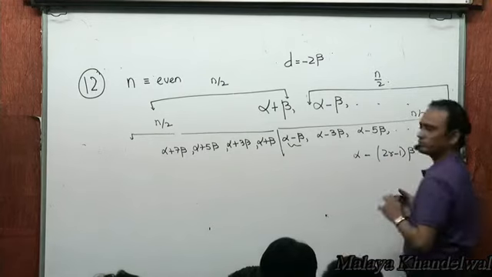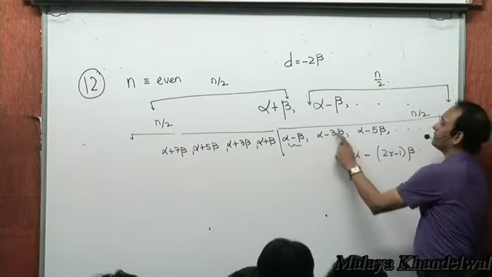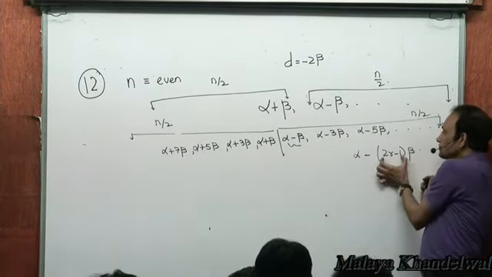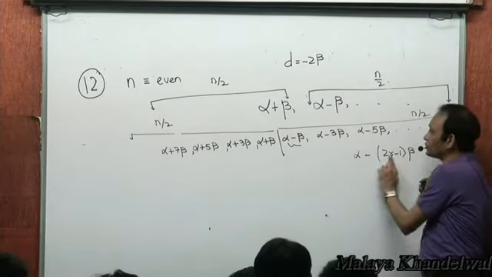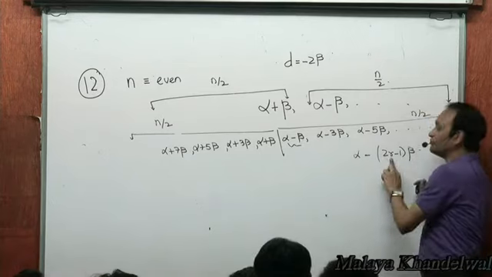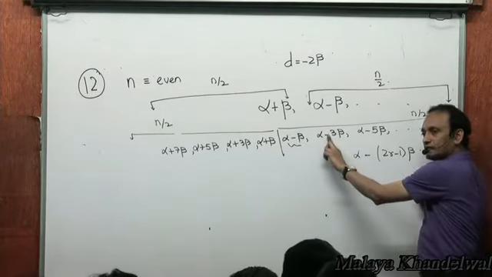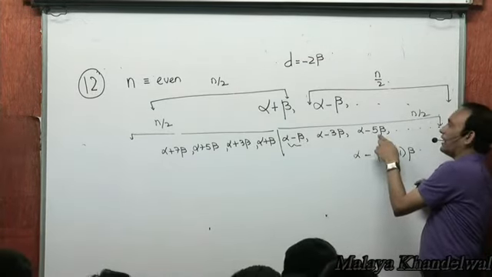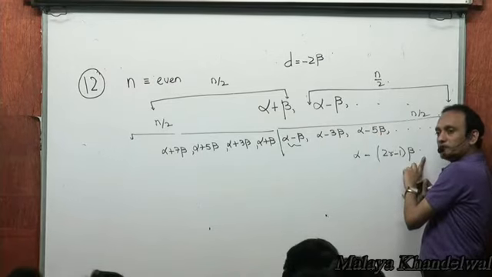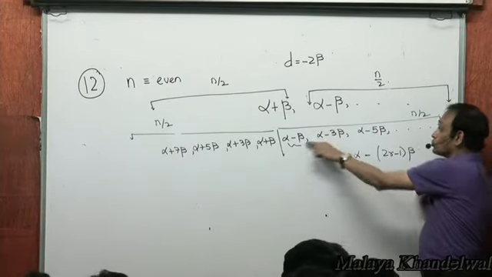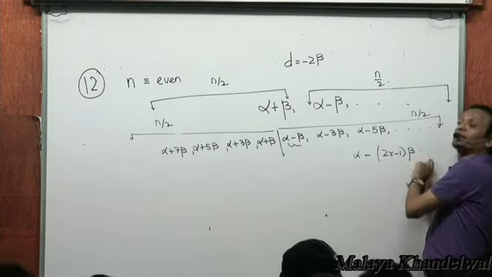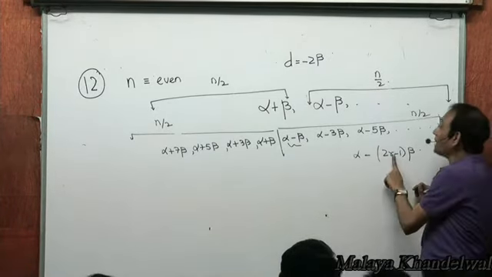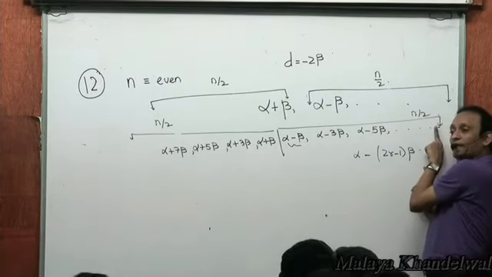Tell me, yes or no? 1, 3, 5, 7 belong to the form 2r minus 1, isn't it? If you plug in r equal to 1, you get alpha minus beta. If you plug in r equal to 2, you get alpha minus 3 beta. R equal to 3, alpha minus 5 beta. Yes or no? So all these members have a generic representation alpha minus (2r minus 1) into beta, where r runs from 1 to n by 2.